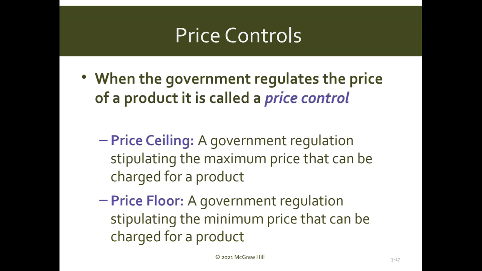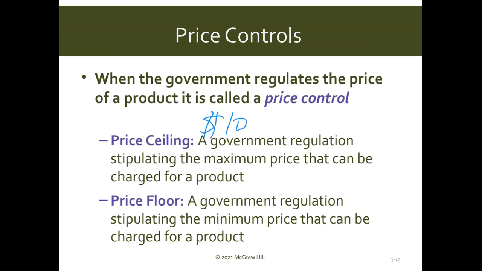A price ceiling is a government regulation stipulating the maximum price that can be charged for a product. That is, by price ceiling, I mean that the seller cannot charge higher than this price ceiling. Suppose the government says the price ceiling is $10 per unit.